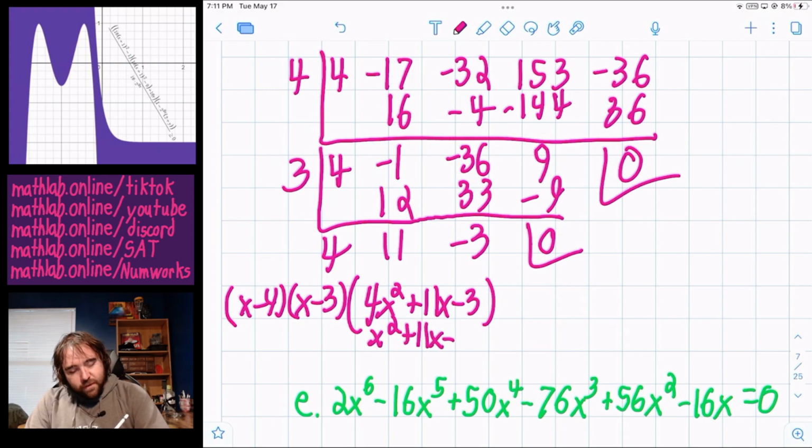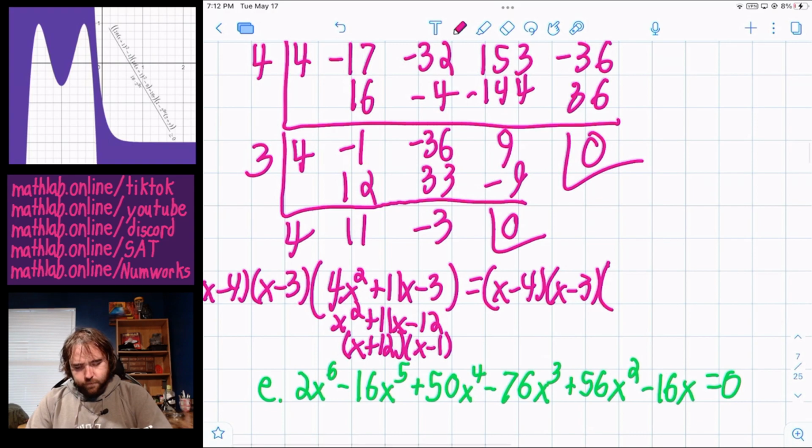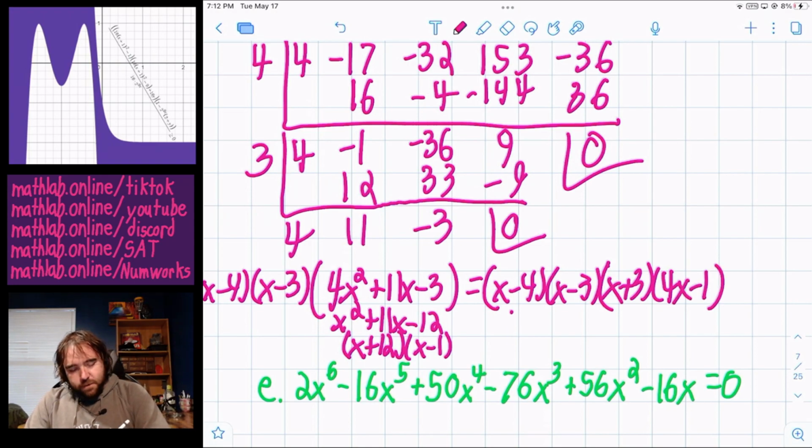X squared plus 11x minus 12. That's x plus 12, x minus 1. And then divide by 4. So we're going to have x minus 4, x minus 3. Divide by 4. So x plus 3. And 4, x minus 1. So we've got 4, 3, negative 3, and 1/4.